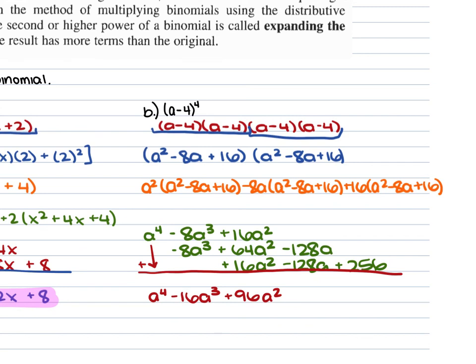And that negative 128a minus 128a is a negative 256a. And then lastly, we bring down that 256. So we have our answer of the a to the fourth power minus 16a cubed plus 96a squared minus 256a plus 256.